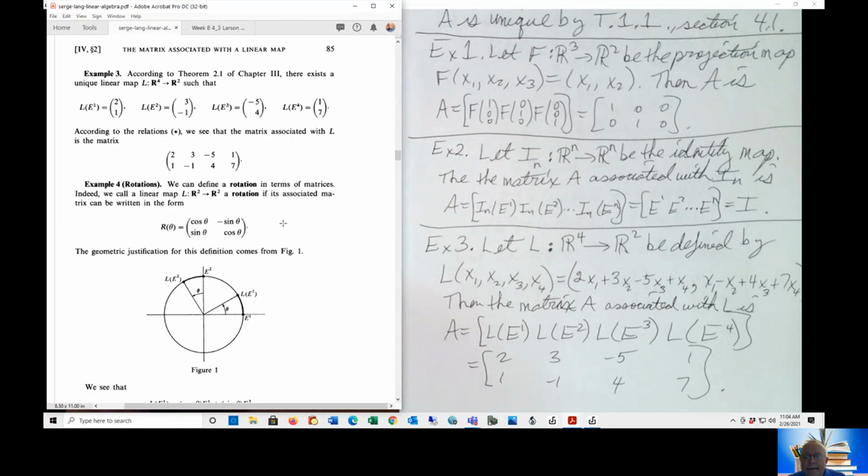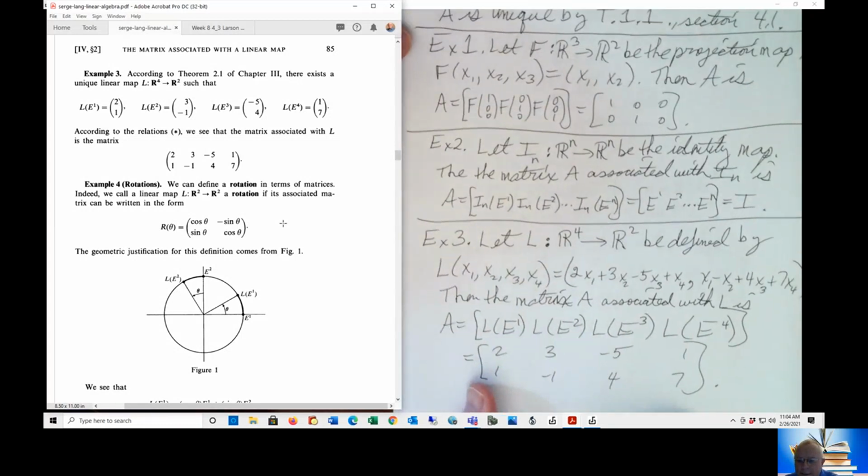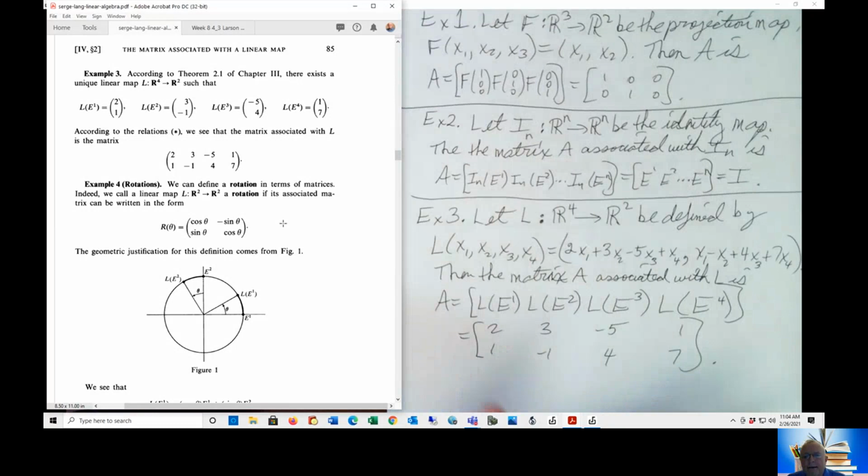Example 3, I rewrote it a little differently to the book. Let L be the linear mapping going from R4 into R2, defined by L of x1, x2, x3, x4 equals 2x1 plus 3x2 minus 5x3 plus x4, comma, x1 minus x2 plus 4x3 plus 7x4.